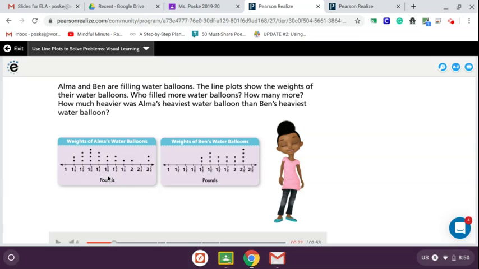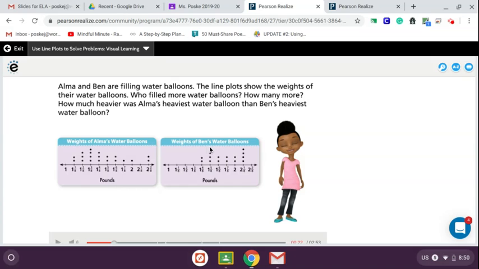Two water balloons weighed 1 and 5/8 pounds. Two weighed 1 and 6/8 pounds. One weighed 1 and 7/8 pounds. One weighed 2 pounds exactly. No water balloons weighed 2 and 1/8, and only two weighed 2 and 2/8. Okay, so that's Alma's. Let's take a look at Ben.